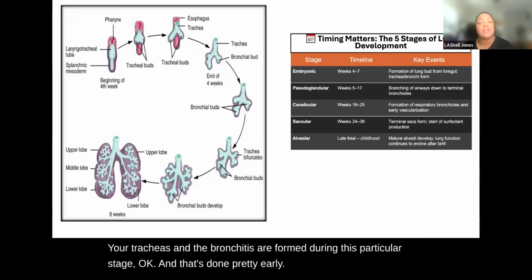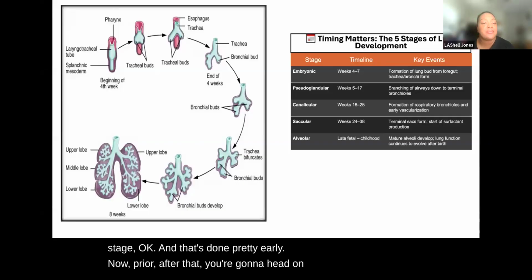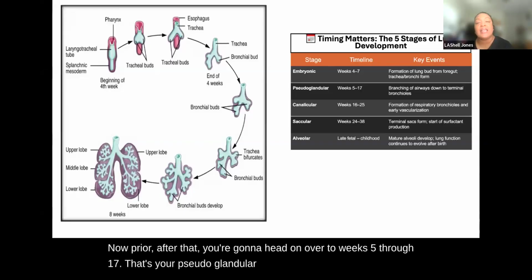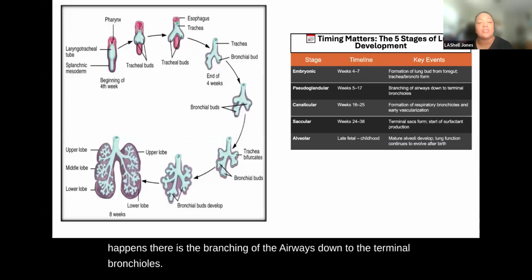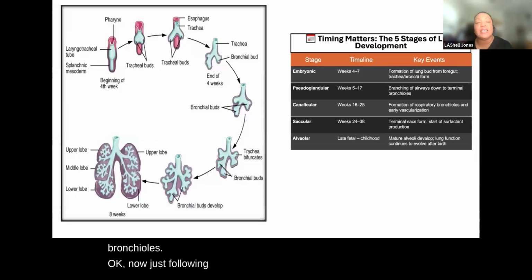Now, after that, you're going to head on over to weeks 5 through 17. That's your pseudoglandular stage. And the key event that happens there is the branching of the airways down to the terminal bronchioles. Okay, now just following along the cycle. The next stage is stage 3.